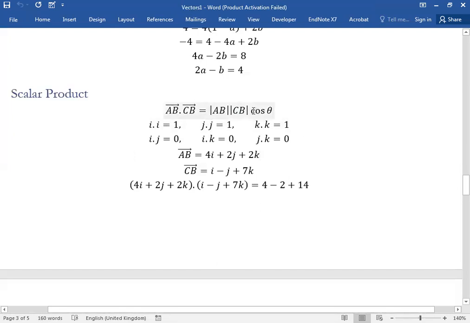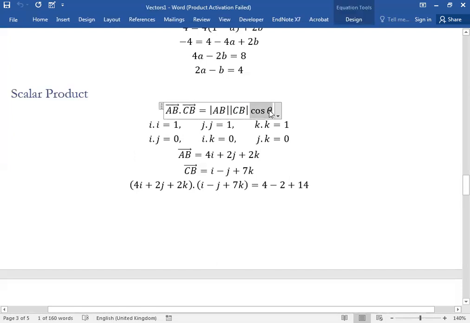So cos of 90 is what? 0. Cos of 90 is 0, so i dot j is 0. Similarly, i dot k will also be 0, and similarly, j dot k will also be 0.